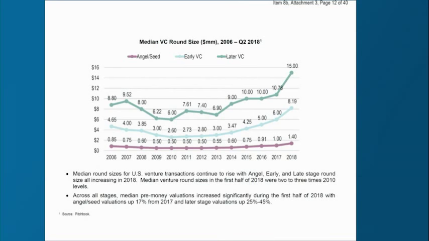The purple line represents the angel seed, the middle blue line represents early venture, and the top line represents the later venture. And you see over the past 5 years, each of these have more than doubled. One thing to note, though, is that these funds that are staying in market, their age is increasing, relative to exiting earlier with the smaller levels. So that is one thing to consider.